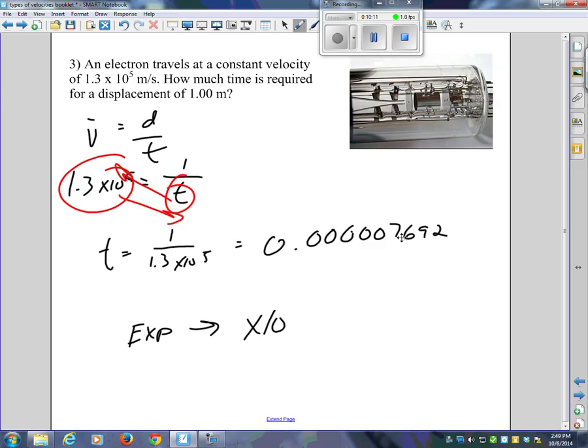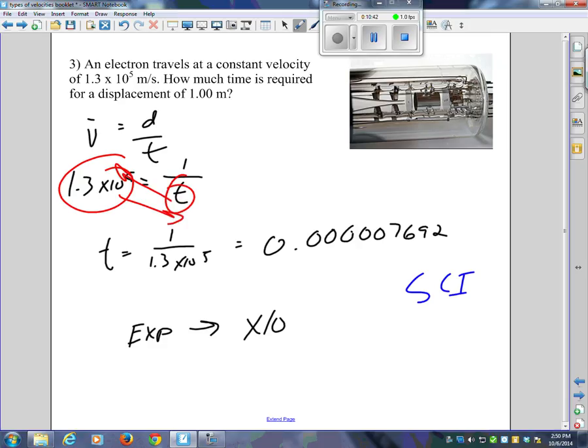Some of you may have gone to scientific mode already. Some calculators are real easy to go, others are not. If you have an SCI button, that will put it into scientific mode for you. If you have a piece of junk like this one, you have to go something like mode, or setup, or I don't know.